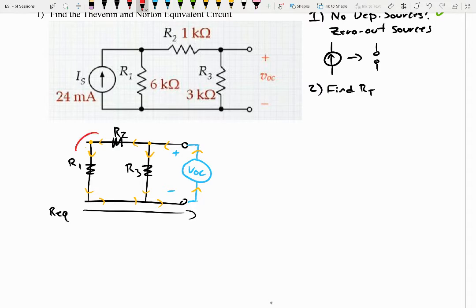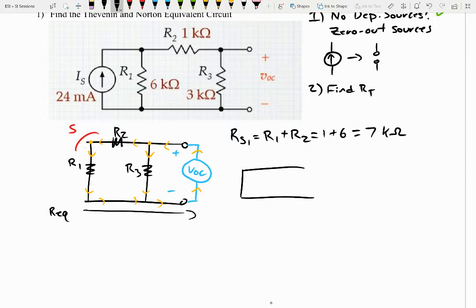So I'll see that these two are in series. So I'll write R series 1 will be R1 plus R2, which will be 1 plus 6 will give us 7 kiloohms.